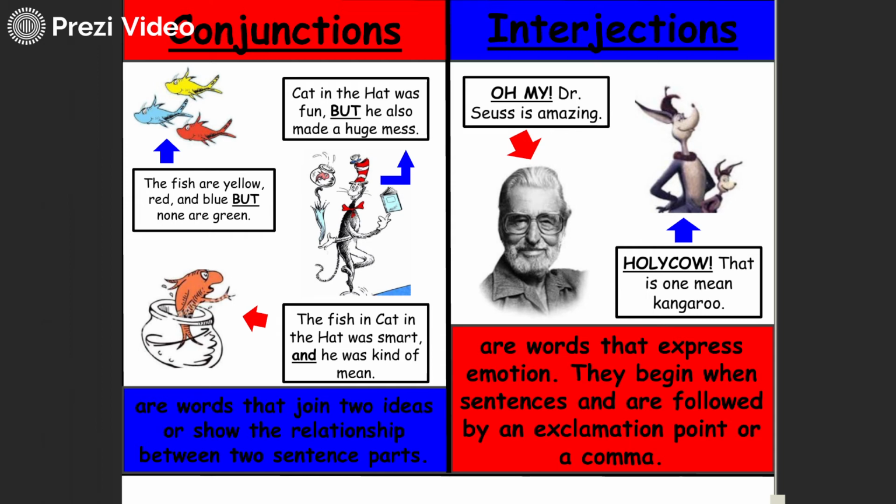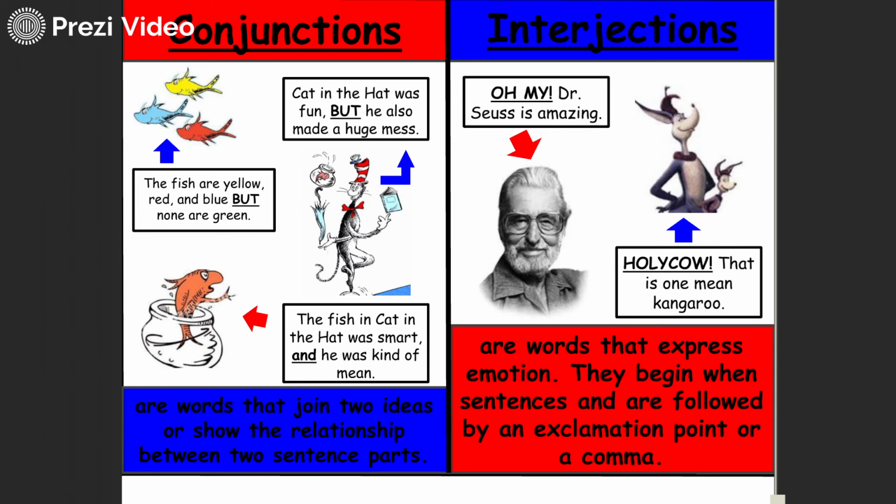Conjunctions would be things like but, yet, however, and, though. Those are types of conjunctions that you may see, but whenever you see commas in a sentence, usually there will be a conjunction, because again, a comma kind of splits two different thoughts together.